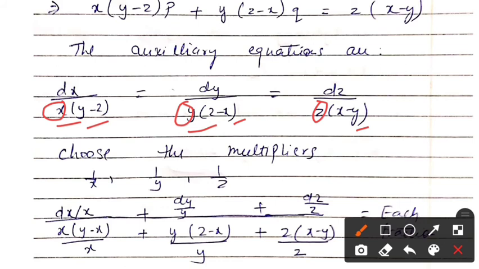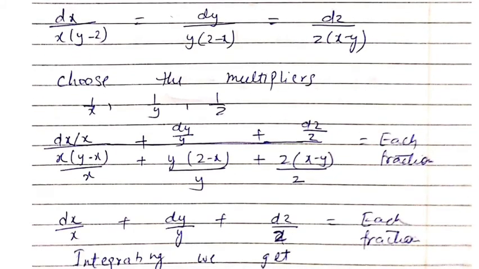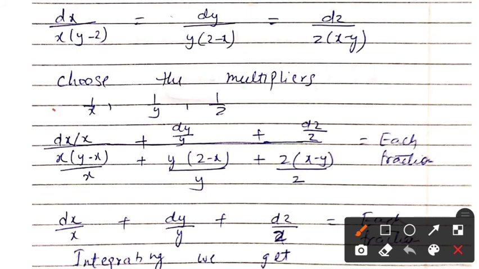To remove this x, y and z, I have to divide the first term by x, second term by y and third term by z, or I can say I will multiply the first term by 1 by x, second by 1 by y, and third by 1 by z. I have to do this in both the denominator and the numerator.